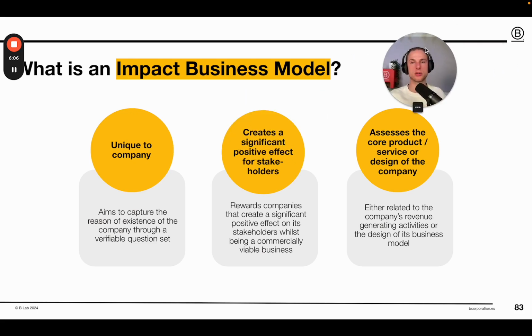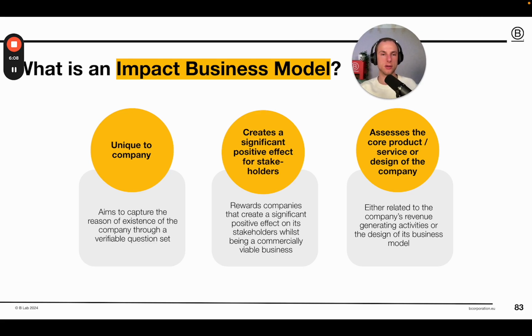Impact business models, we'll dive a little bit in more detail on them. I mentioned already they're unique to a company usually, so they relate to the reason of existence of your company. They also create a significant positive effect for one of its stakeholders. So it should be relatively easily identifiable which stakeholder is positively impacted by this impact business model.